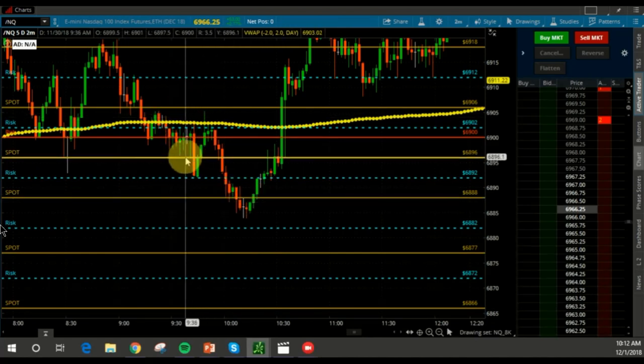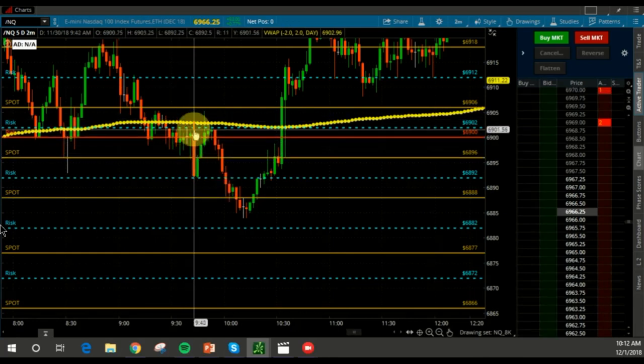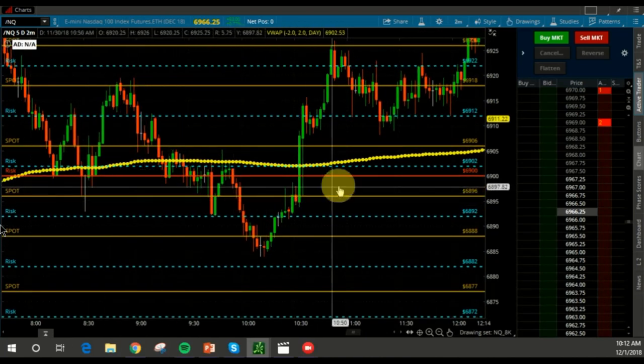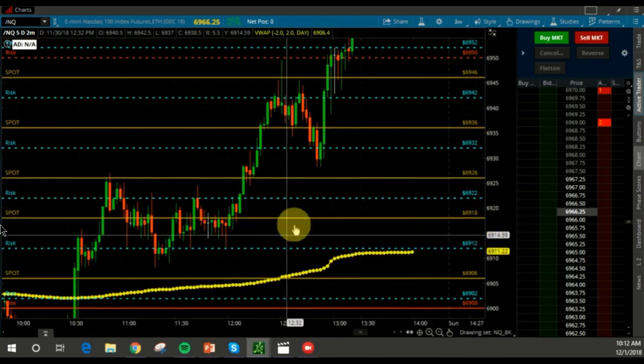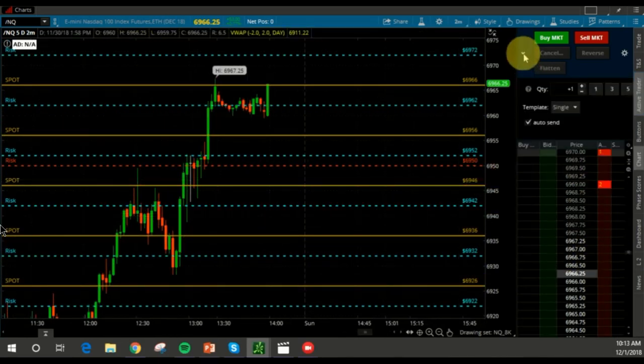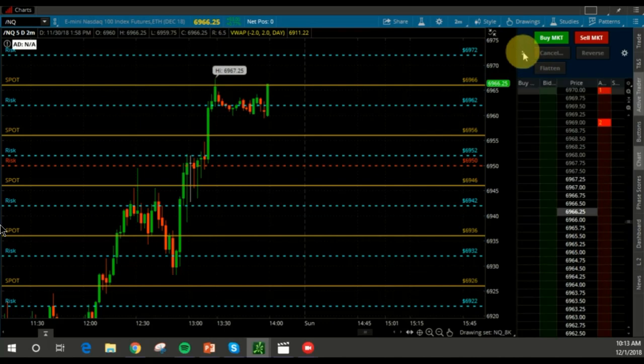Here, if you got long the 96 half, that would have got your entry. 96 half, you would have got risk out, stop out. So, I mean, I know that it is traveling super fast, but it's not so fast that you can't do this all manually. And by the way, I have this set up. You've got to have it on auto send. I set it up with one at a time. So I'm not a big bracket trader. I'm kind of old school in that regard.